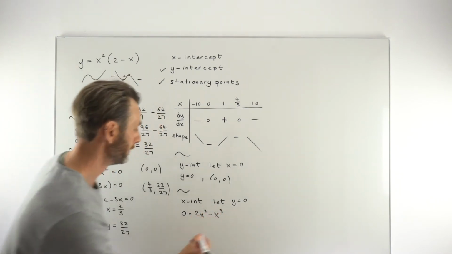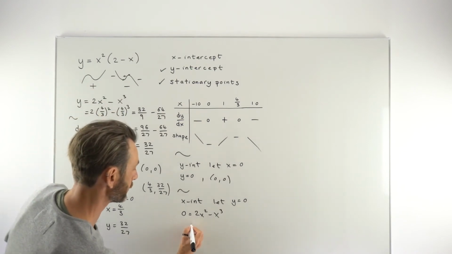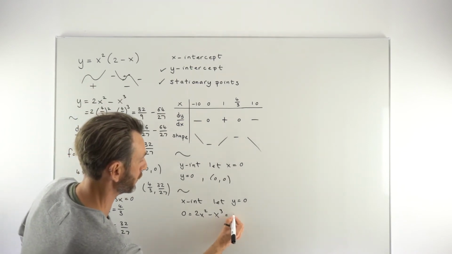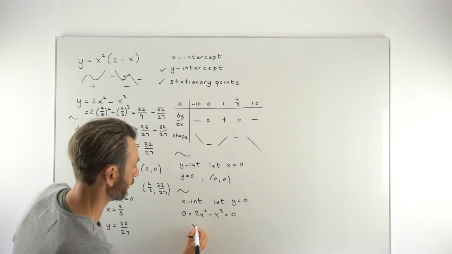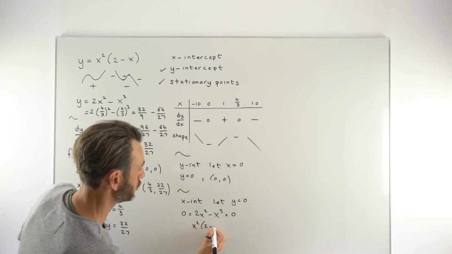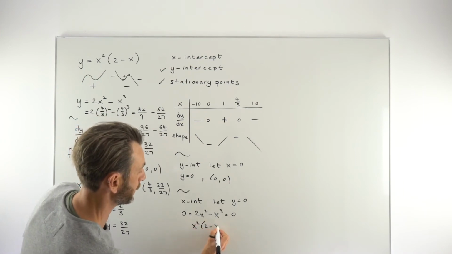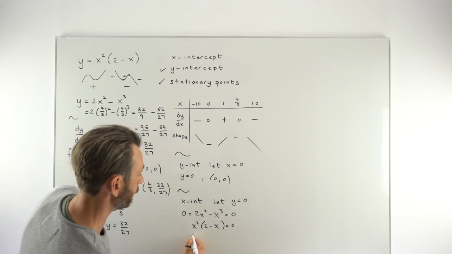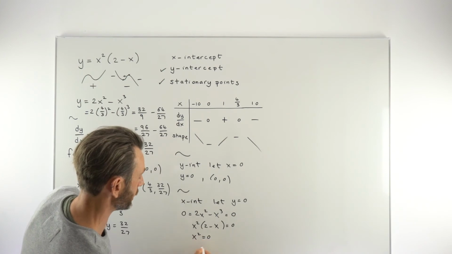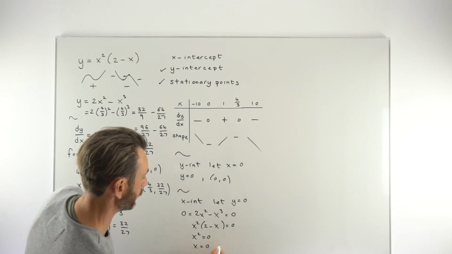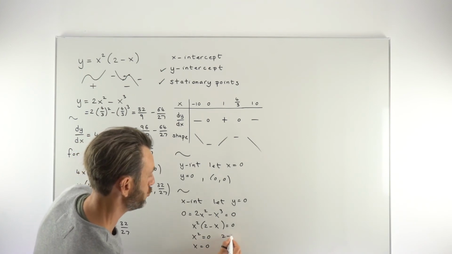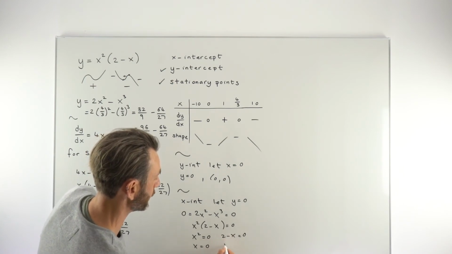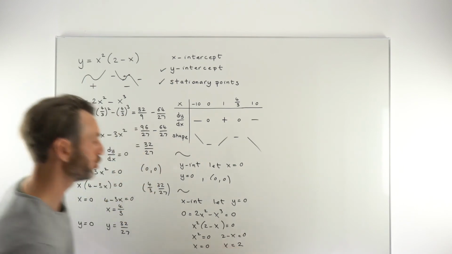We can do that by pulling out a common factor. I'm just going to switch my 0 over to the other side actually. So pulling out a common factor here of x squared, and then we get 2 minus x, is that right? Yep, equals 0. Solving that, we're going to get x squared equals 0 to give us x equals 0. And then we're going to get 2 minus x equals 0 to give us x equals 2.